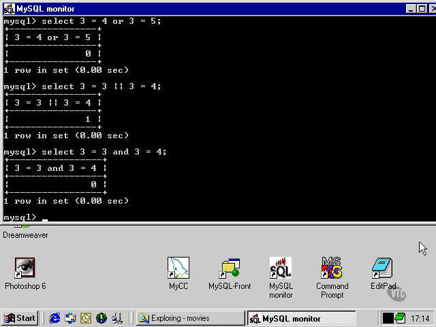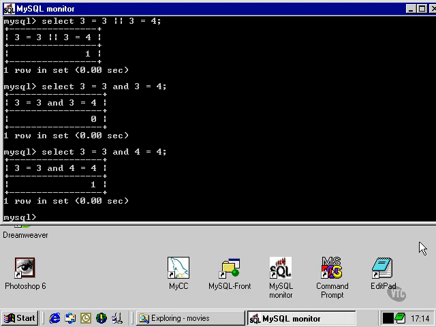So in this case, this statement evaluates to false. However, if we put two true statements, one either side of the AND operator, then we get a true Boolean response.